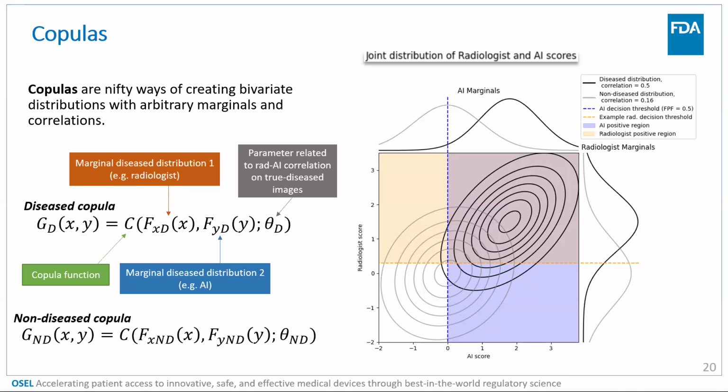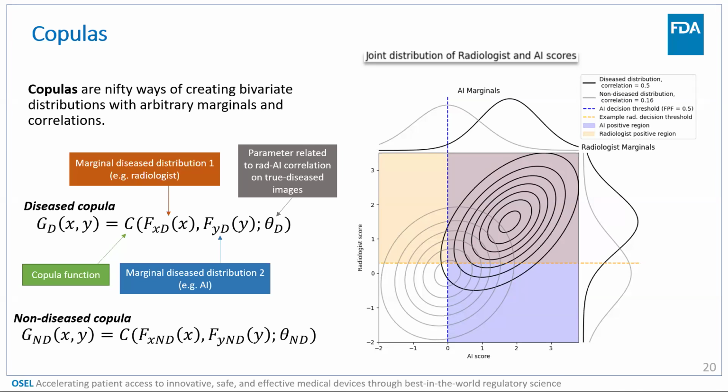As in the univariate case, you might remember the binormal distribution, where the distribution on the left was non-diseased and the distribution on the right was diseased. And as in that scenario, we also need a diseased copula and a non-diseased copula to get the true positive fraction and false positive fraction at each threshold and be able to plot an ROC curve.